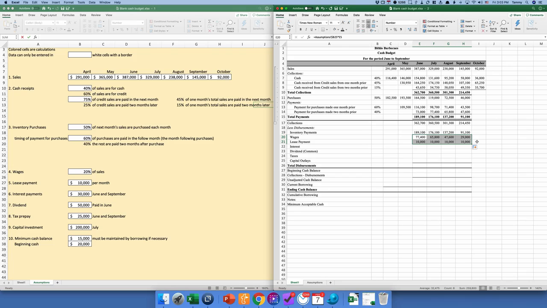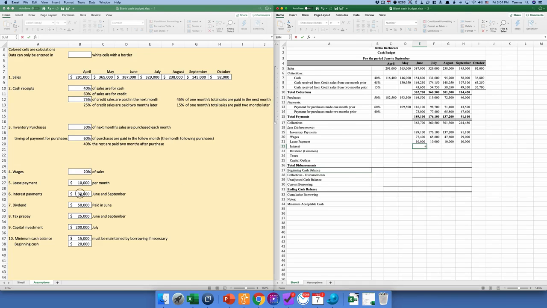Now, our interest payments are getting paid in June and September. There is a way to set something up so that we can auto look up when these payments are going to be made, but I don't feel like going into that right now. It's not part of your book, and hopefully we'll get to that kind of thing later. Anyways, our interest payment in June is 30 grand, and in September it's also 30.